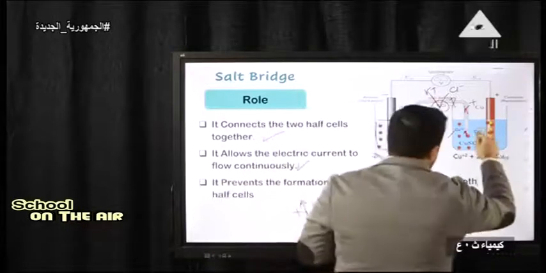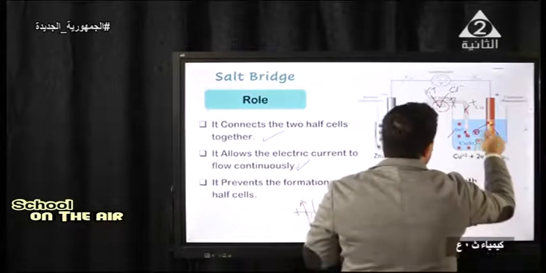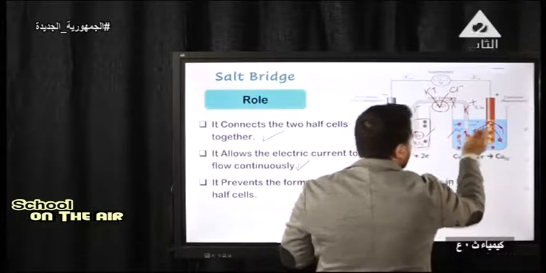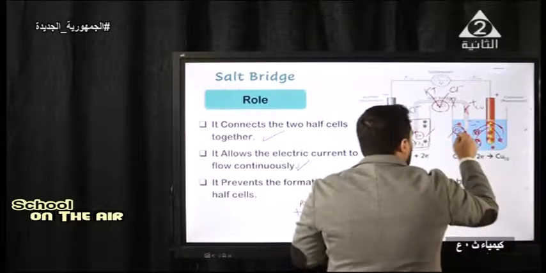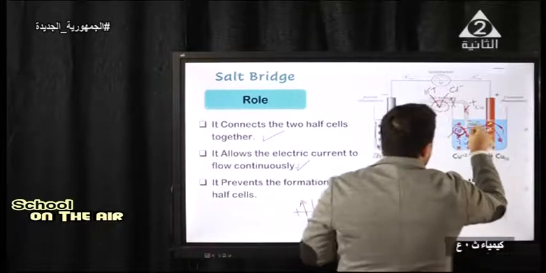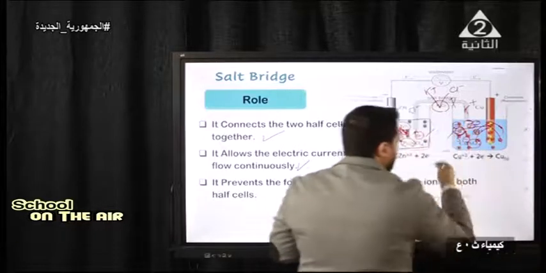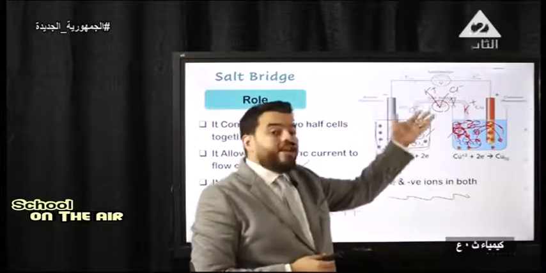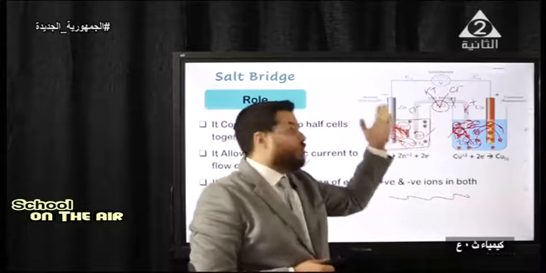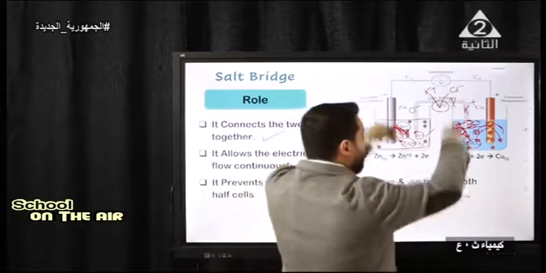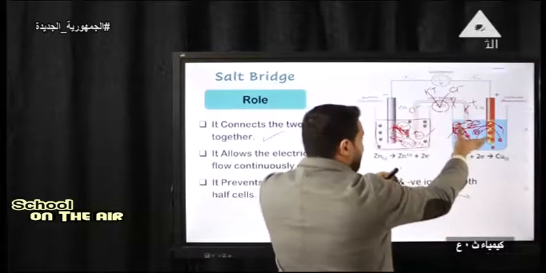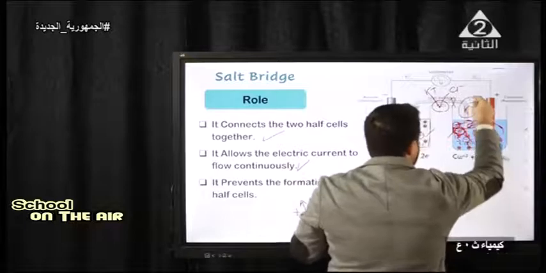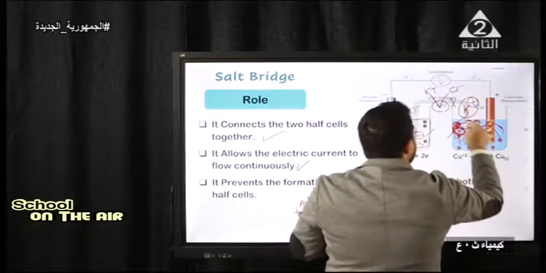And here, if you are getting all the copper positive 2 and leaving the sulfate negative ion, copper positive 2 cannot be attracted because of the large number of negative ions attracting the copper positive 2. So the strong electrolyte, which is ionized before into positive and negative ions, will absorb the excess positive and the excess negative in both half cells. How? The potassium positive will absorb the sulfate negative ion.